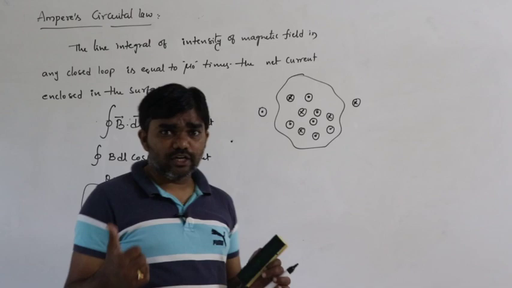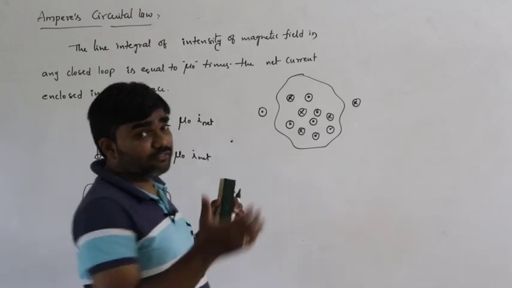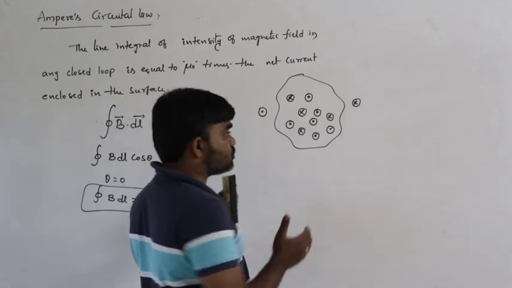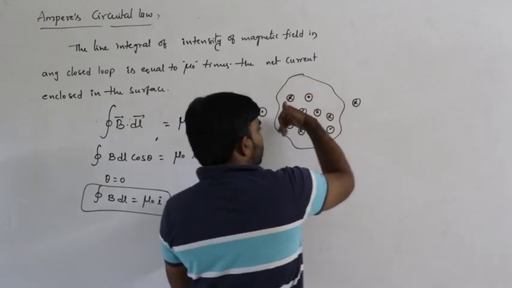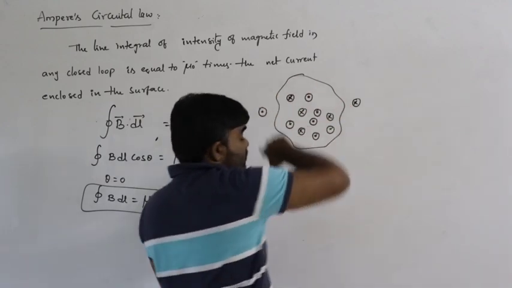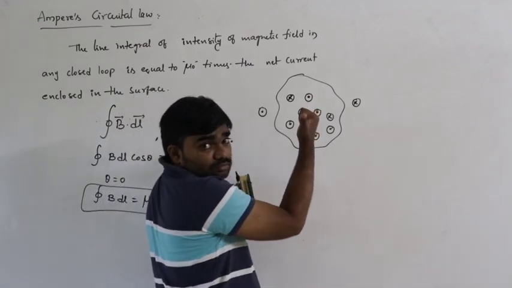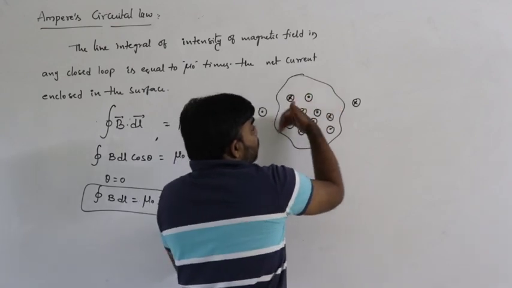Irrespective of positive and negative, in which direction the current is more, that is important. If the outward direction current is more, so net current is outwards, then the direction of the magnetic field is anti-clockwise.